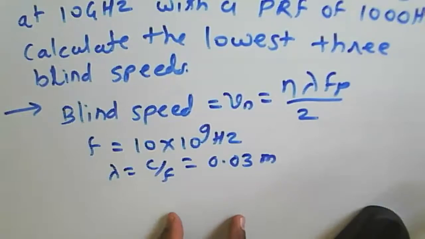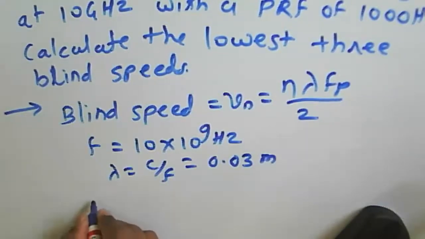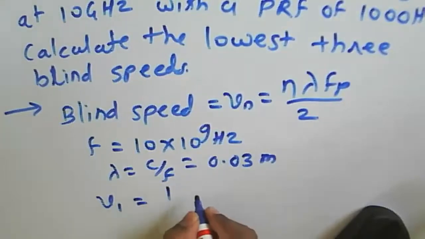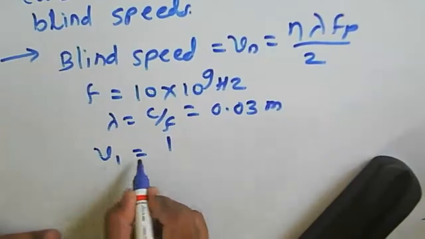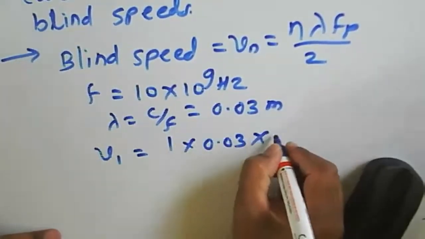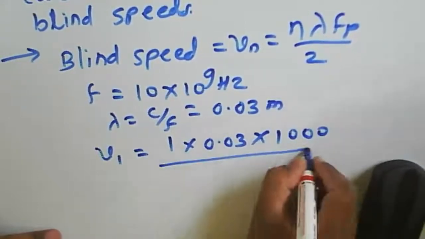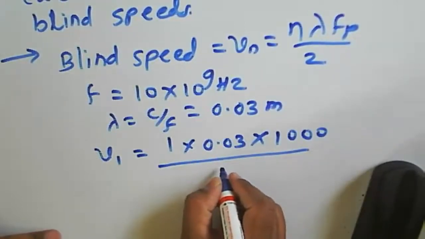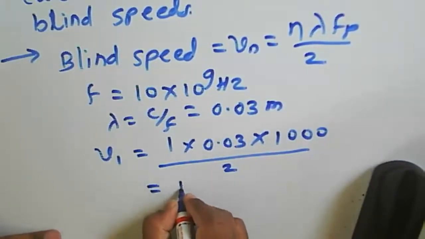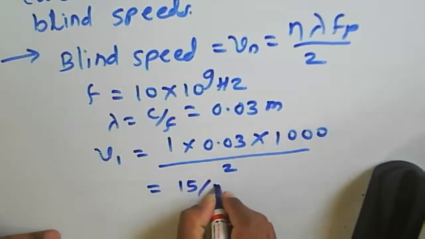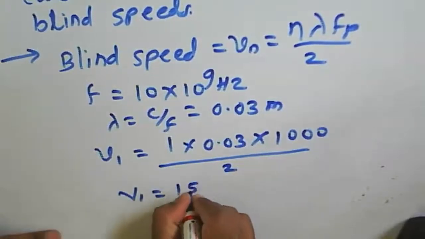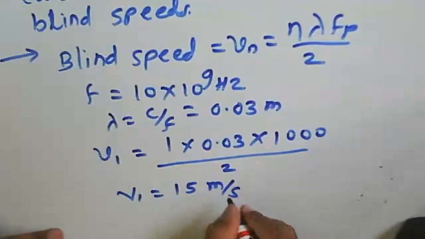Then put that in the equation for Vn. Taking n as 1, into lambda 0.03, into the pulse repetition frequency of 1000, divided by 2. If you solve it, we will get 15 meters per second.